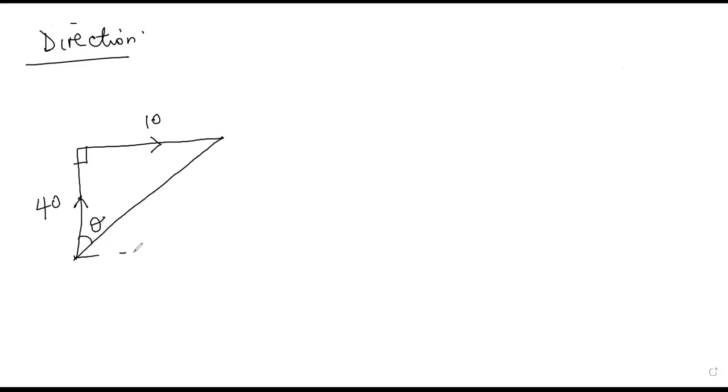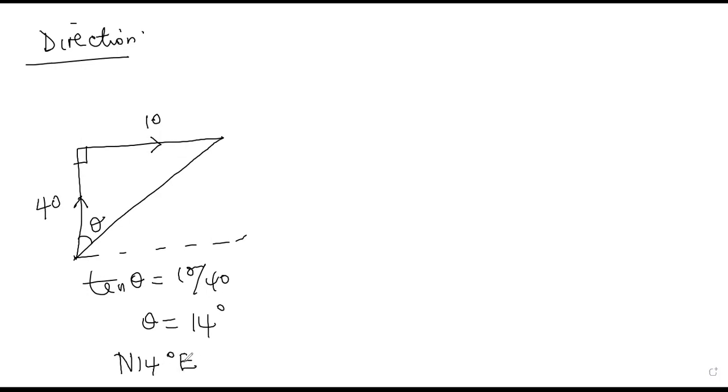So tan theta is equal to 10 out of 40, and you get your theta as 14 degrees. Then you conclude the true velocity of the wind is 41.231 kilometers per hour in the direction north 14 degrees east. As simple as that. Get all your marks.